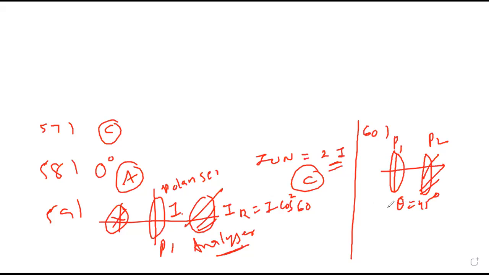If the amplitude of unpolarized light incident on polarizer is A, amplitude of unpolarized light is A, ये वाले का A, तो इधर क्या आएगा? कैन यू टेल इधर क्या आएगा? इसका एम्पलीट्यूड, ये A है तो A by 2. करेक्ट, A by 2.